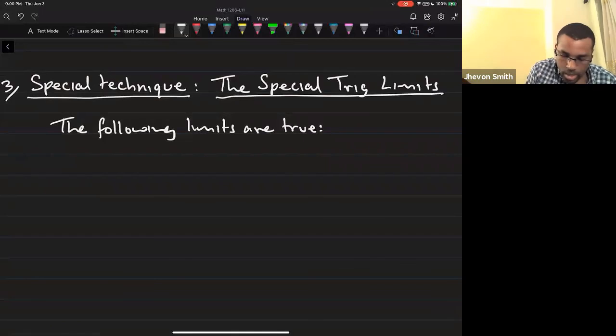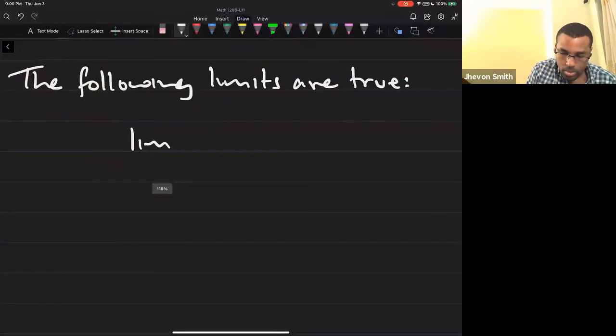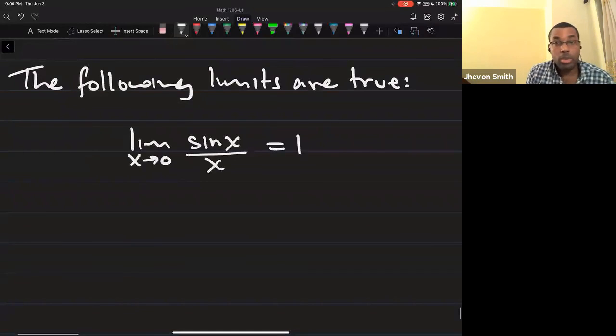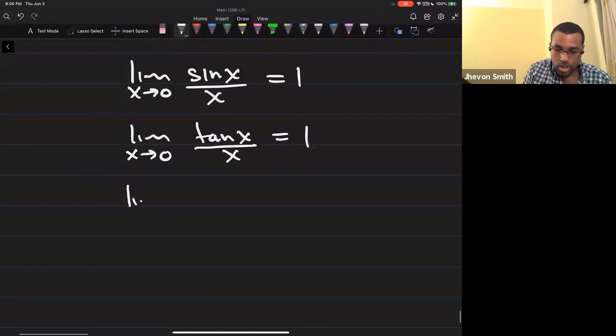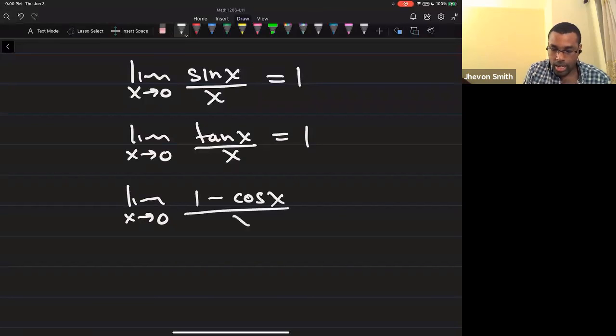It turns out that if you take the limit as x approaches 0 of sine x over x, the answer is actually going to be 1. Take the limit as x approaches 0 of tangent x over x, the answer is also 1. Turns out if you take the limit as x approaches 0 of 1 minus cosine x over x, the answer is 0.